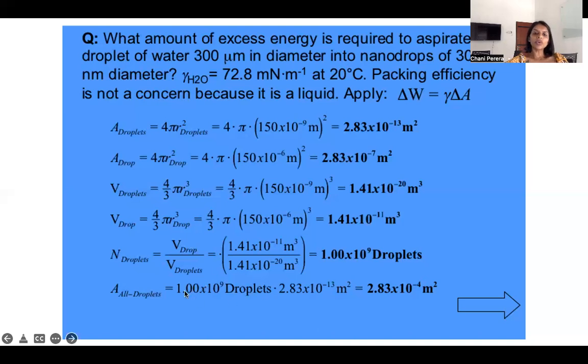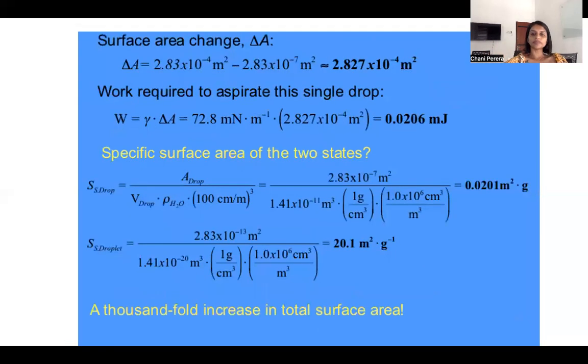What you have to do is take the number of droplets, multiply it by one single droplet's surface area, and there you go. You have 2.83 times 10 to the power minus 4 meter square total surface area for the atomized droplets.